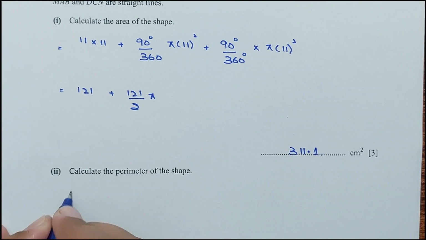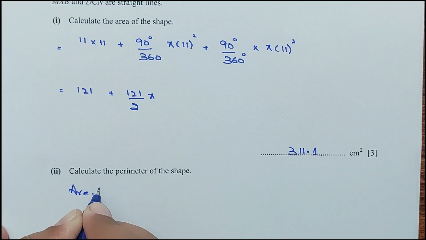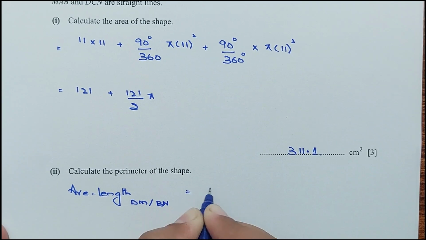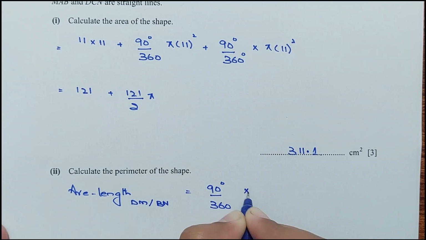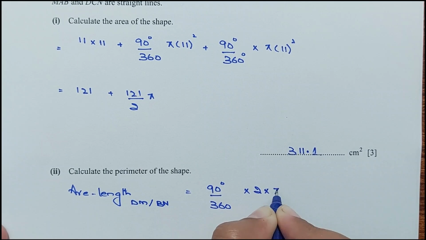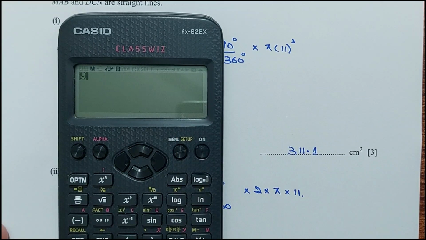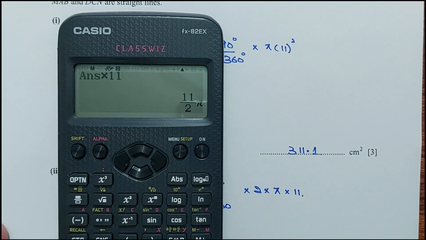You can take the arc length DM or BN, both are the same, which is 90 over 360 times 2 times pi times r, which is 11 by 2 pi.